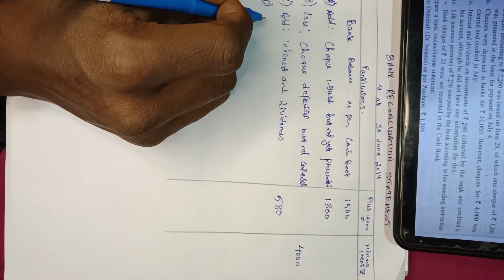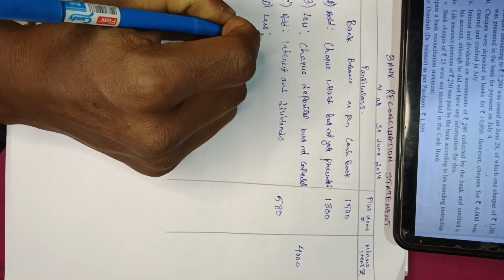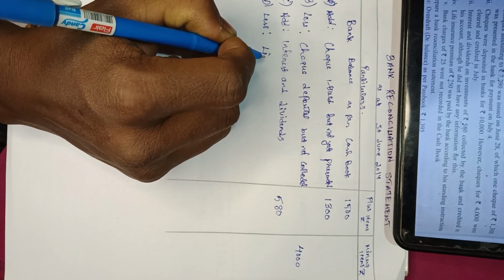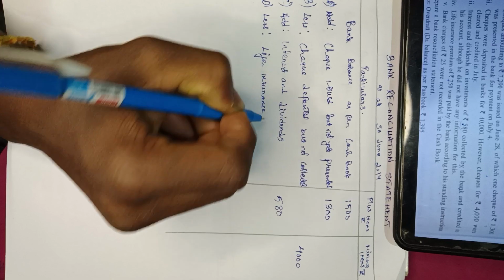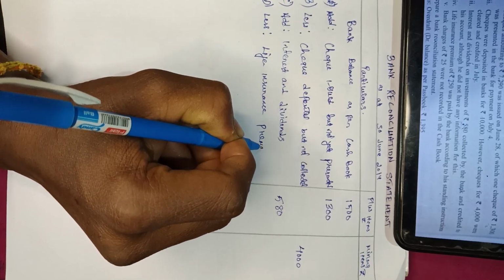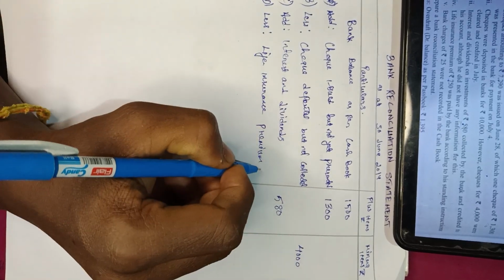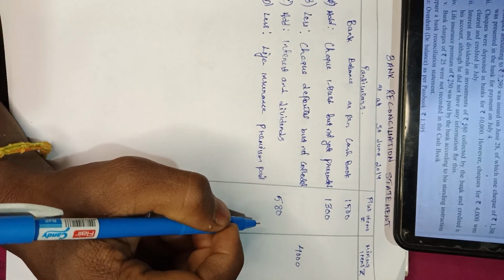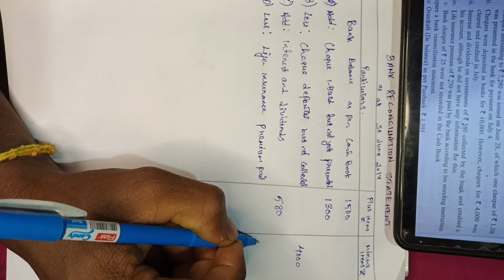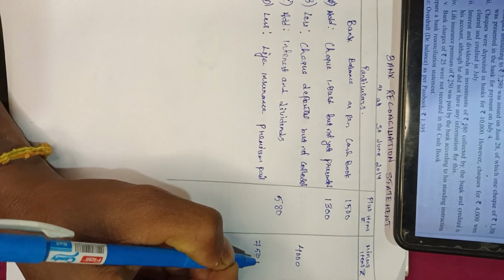We will write less: life insurance premium paid, in the minus column, that is 750.